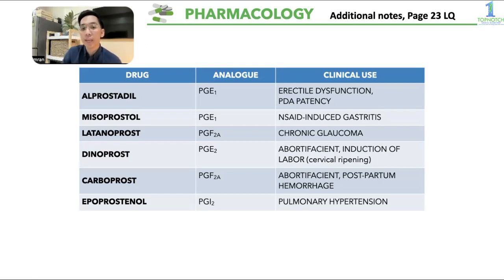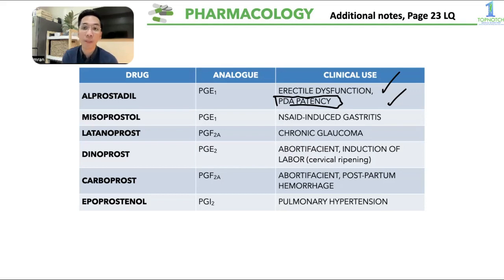Your alprostadil, ginagamit siya for erectile dysfunction and to help open lang yung ating ductus arteriosus. Kasi you want it to be open before certain surgery happens, in the young. Okay? You want it patent and open.